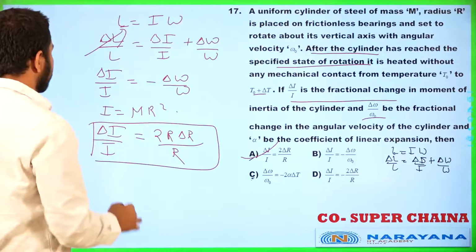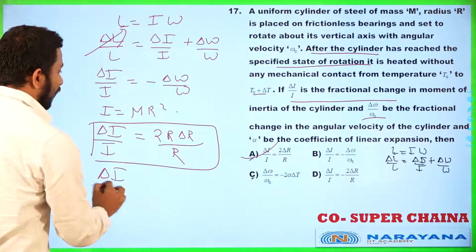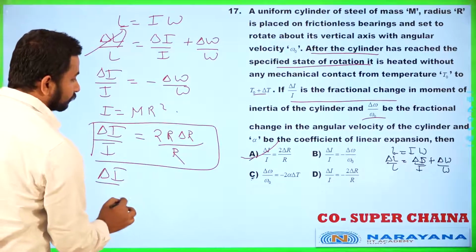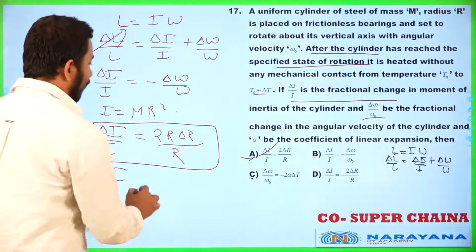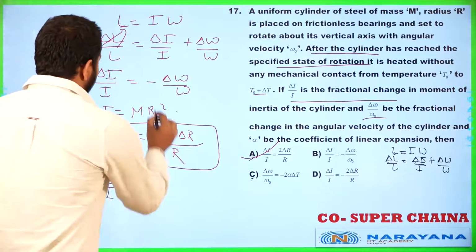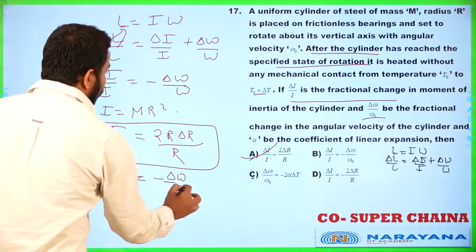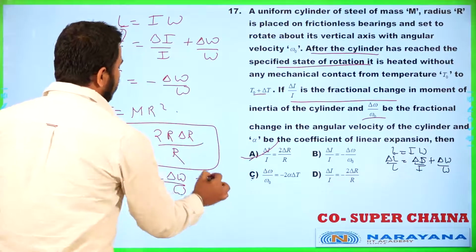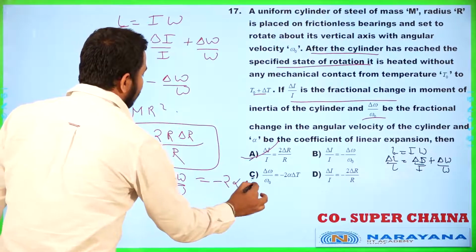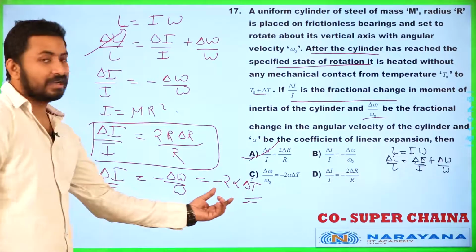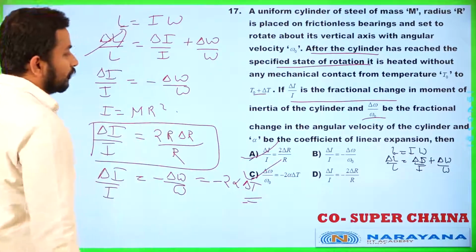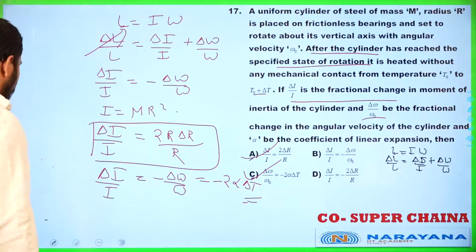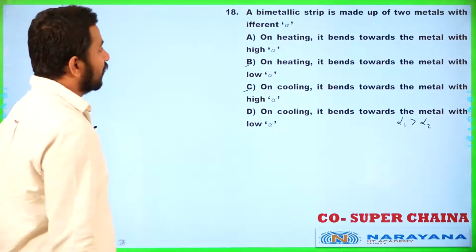For the second option, delta I by I can also be written as minus delta omega by omega, and this can also be written as minus 2 alpha delta T. In terms of alpha delta T, we can write it as minus 2 alpha T. So we have this also as a correct option, right? So we got these two as correct. Let's see the next question.